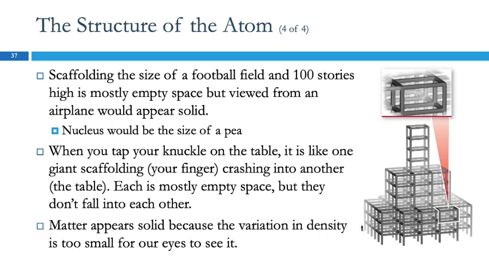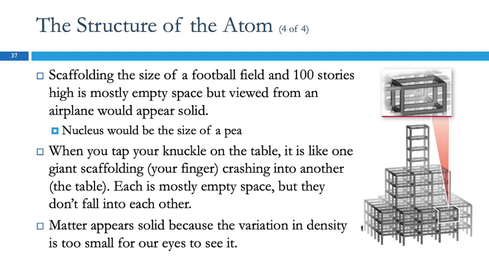But when you zoom out, when you get away from that, say outer space or a very high airplane, when you look down at that, it's going to look like a solid object because the difference in the open spaces and the solid spaces becomes indistinguishable as you get further away. So if that was the atom, 100 stories tall, the size of a football field, the nucleus inside would be the size of a green pea.